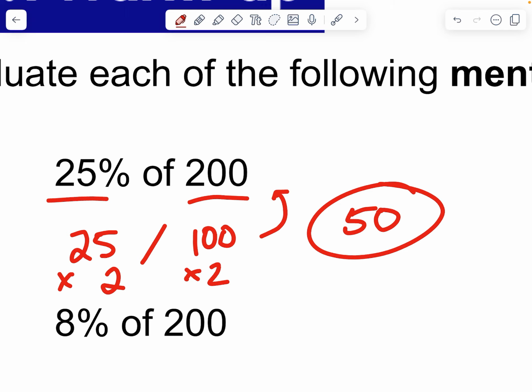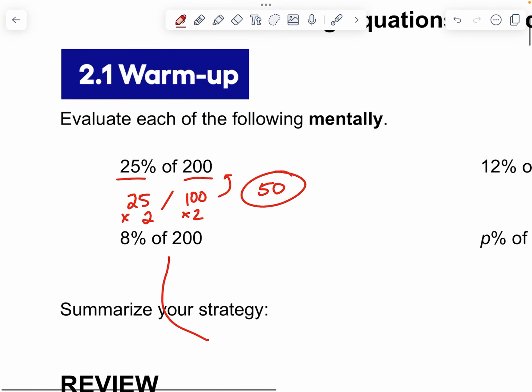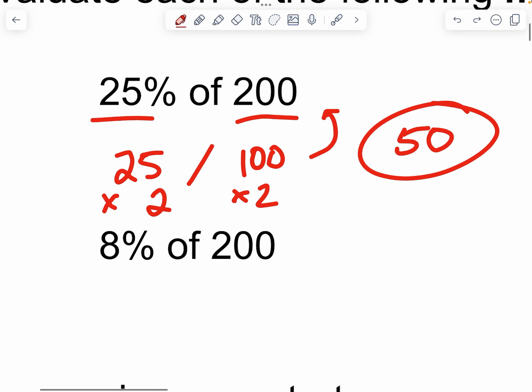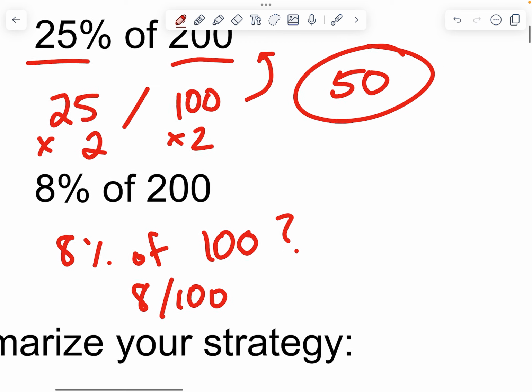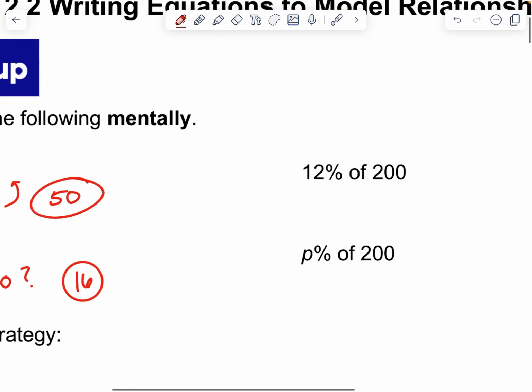Okay, so that same idea, of course, applies to the other ones as well. So if you have 8% of 200, one way you might have thought about this is, what is 8% of 100? Well, it is 8 out of 100. And then, since it's out of 200, you double that number, and that becomes 16. Okay, same thing for 12.